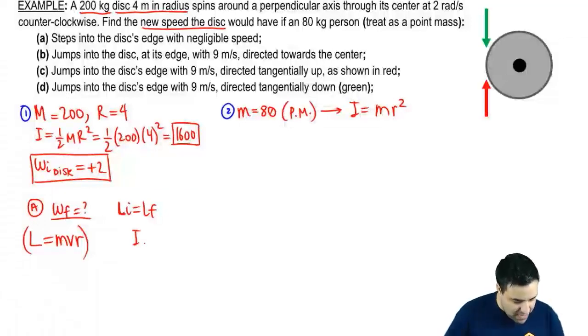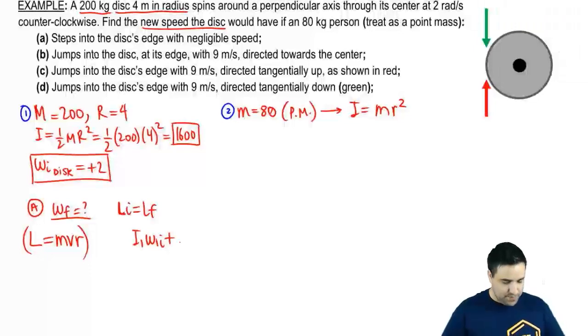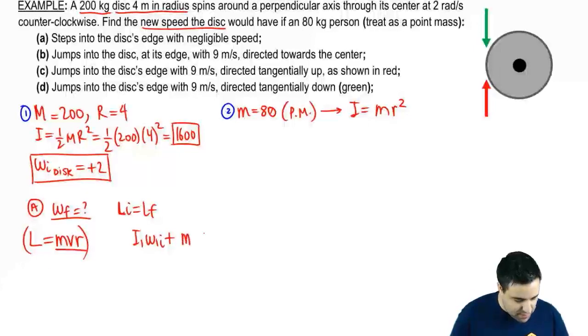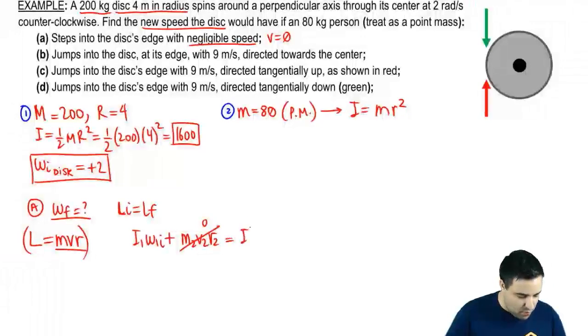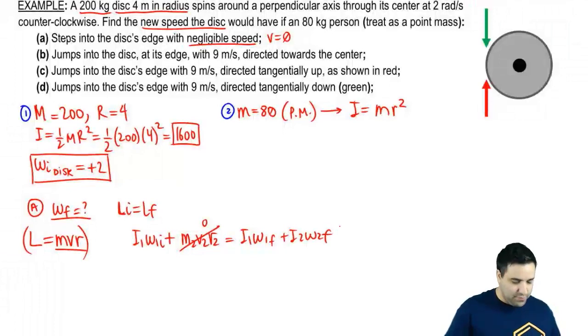Okay, so I1 omega 1 initial plus, now the person is linear, even though the person doesn't really move with any velocity yet. So this would be M2 V2 R2, but this is 0 because the person enters with negligible speed. V equals 0, equals I1 omega 1 final plus I2 omega 2 final.